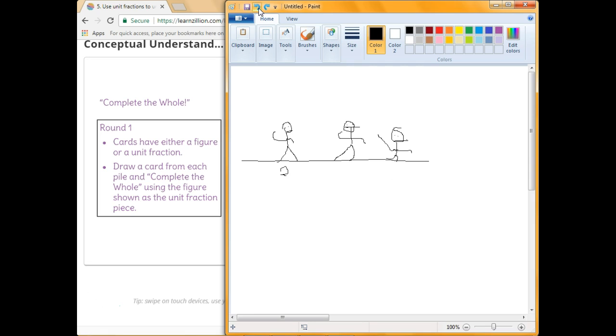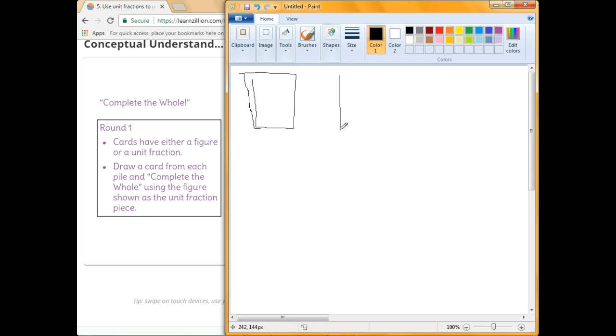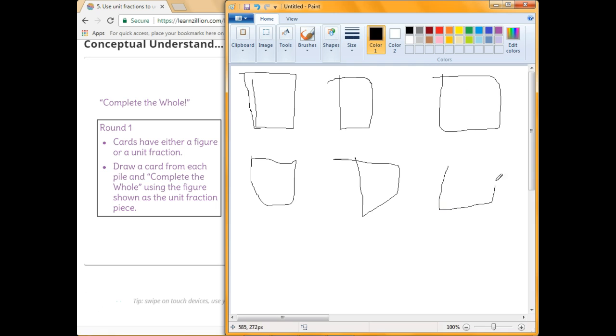I don't really understand that much about what this is trying to tell me. But cards have either a figure or a unit fraction. So let me just draw a couple cards. And fill them with a unit fraction.